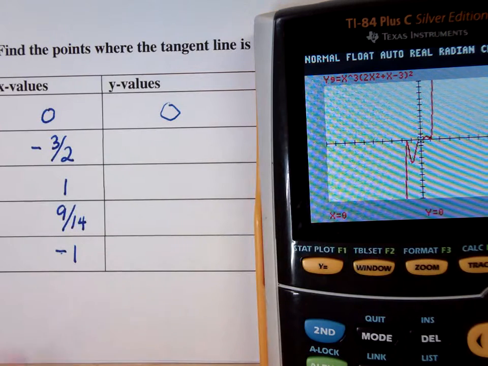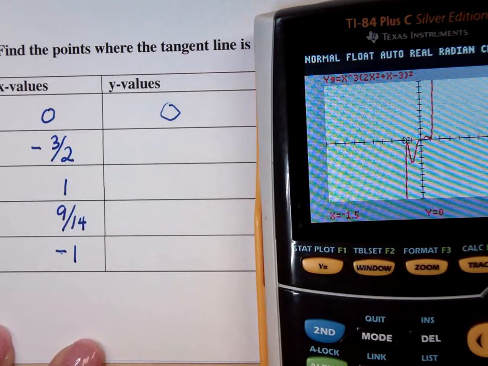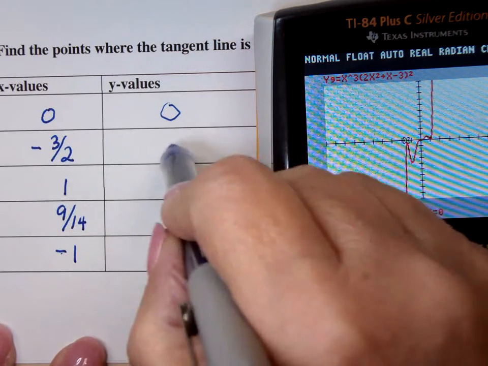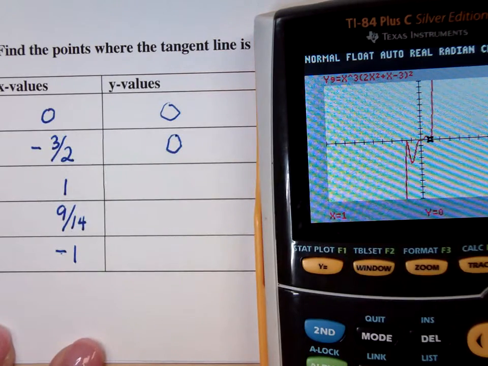Now as long as I don't do anything more, I can do it again. Negative 3 divided by 2, and that gives me 0. As long as I don't do anything, I can do it again. 1, enter, that's giving me another 0.